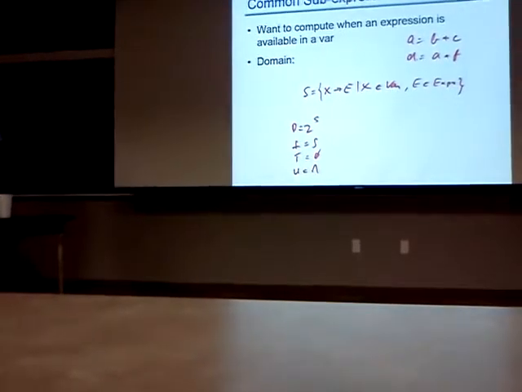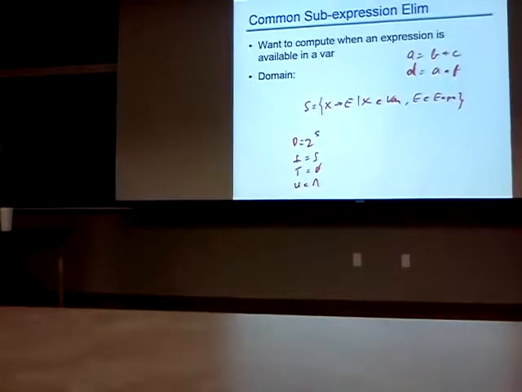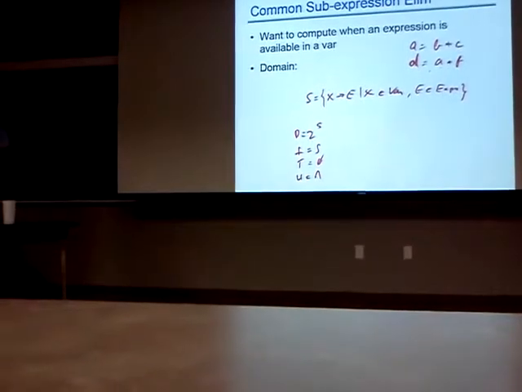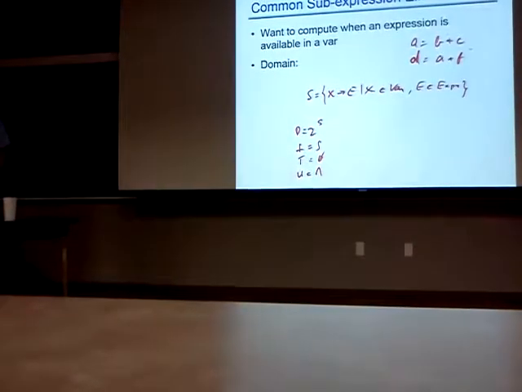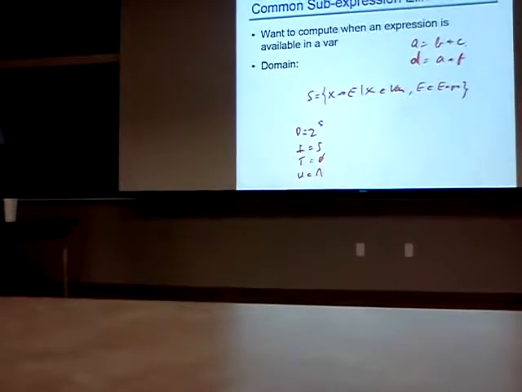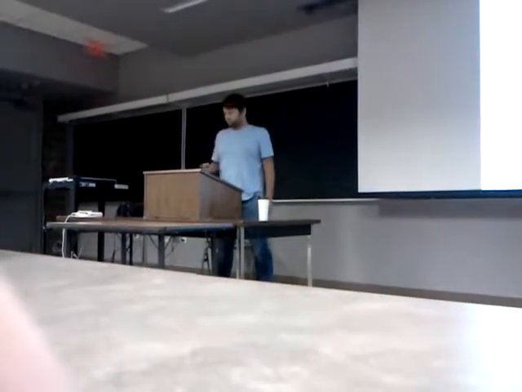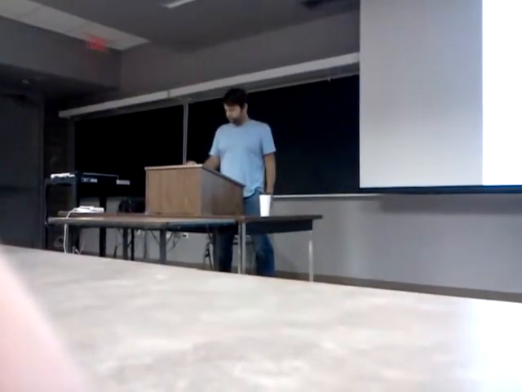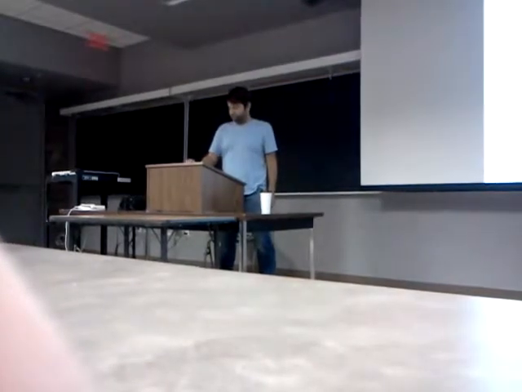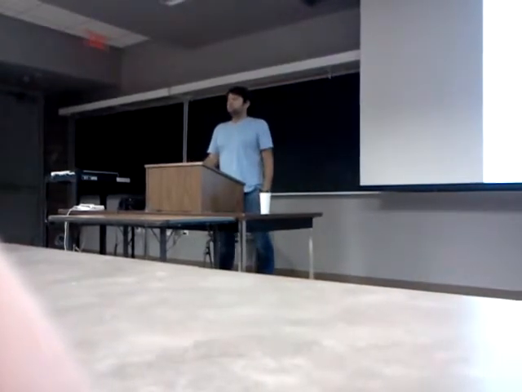Well, where I was going with it, a better example would be print a plus b, and then later on print a plus b again, where I didn't use a variable to store this. We're not going to cover that here: same expression, but we didn't create a temporary variable, so we don't.